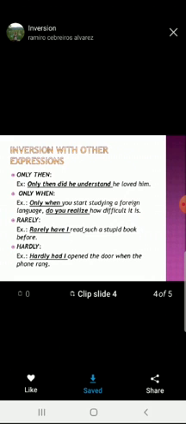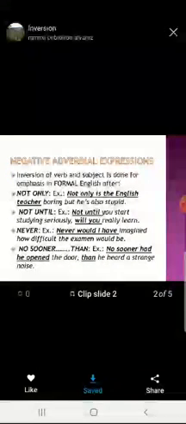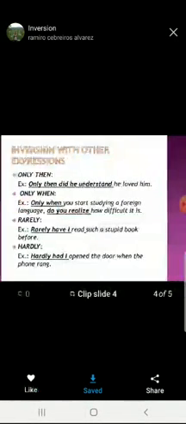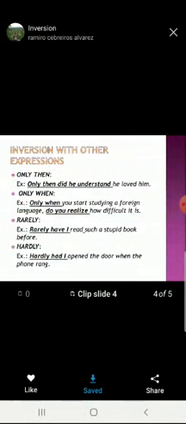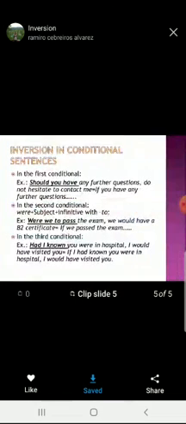Hardly had I opened. So you have to remember the phrases, remember the words ya. Jadi kalau ada kata not only, not until, never, no sooner, kemudian ada only then, ada rarely, ada hardly at the beginning of the sentence, so you have to use the inversion structure.